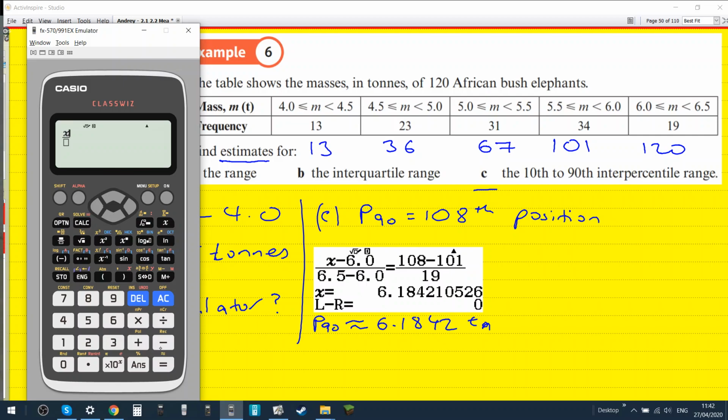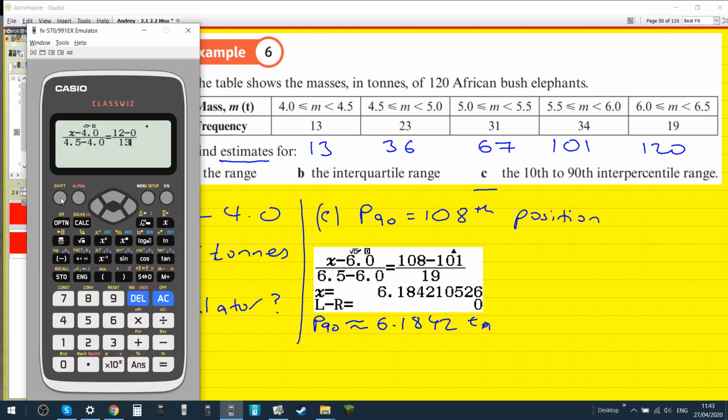So will it be x minus 4 over 4.5 minus 4 is equal to 12 minus... would I have to say something like 0? Yeah. So it's just 12 over 13. Yeah. So it's 12/13ths of the way into that group.